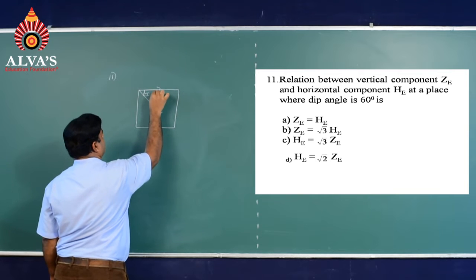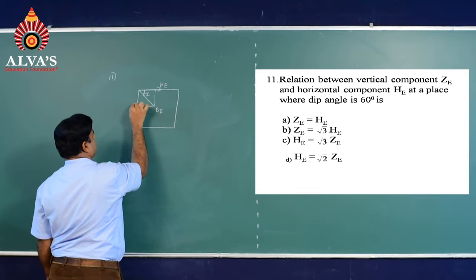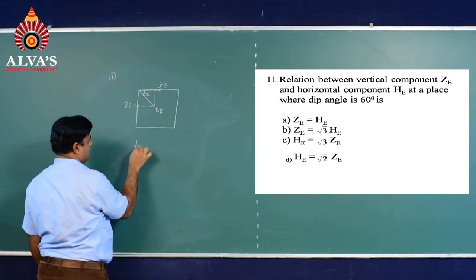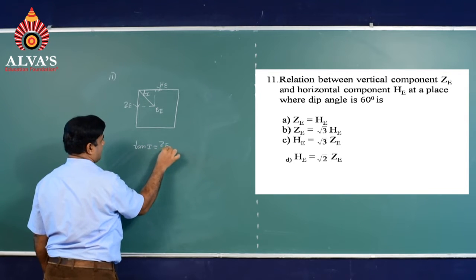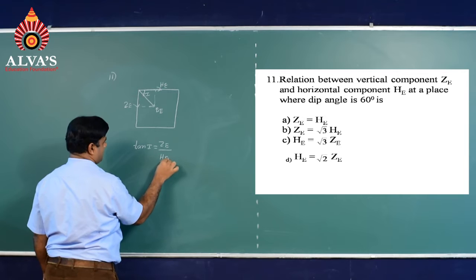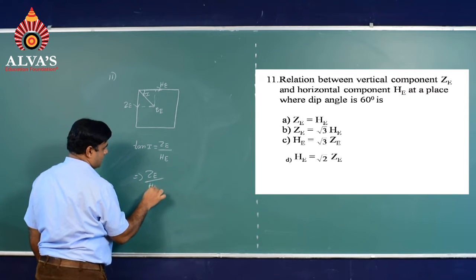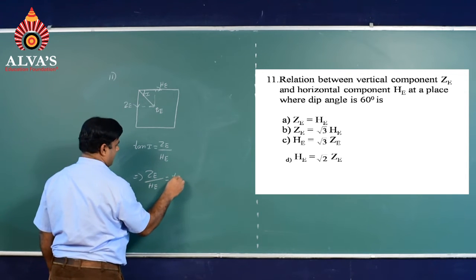This is the horizontal component HE, and this is the vertical component ZE. Therefore, tan I equals ZE divided by HE, which implies ZE by HE equals tan I, where I is 60 degrees.